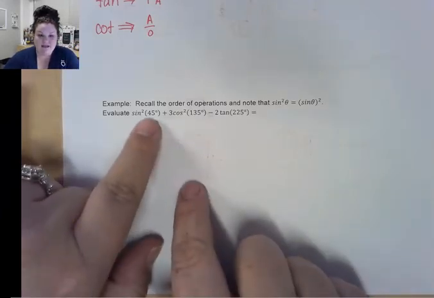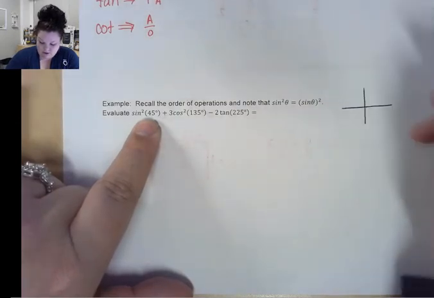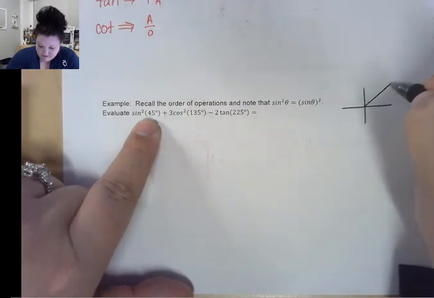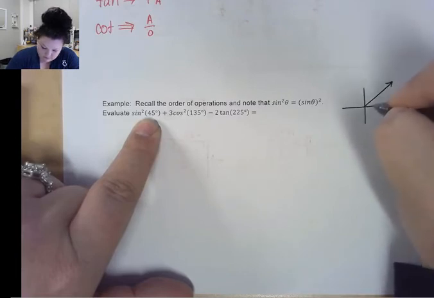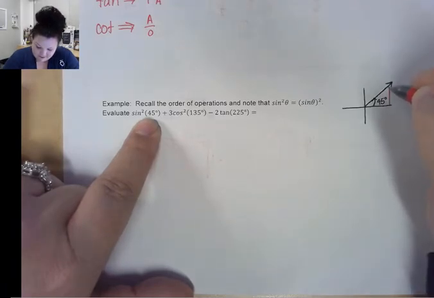So the first one is 45 degrees. So I'm going to go over here and just draw a 45 degree angle. Okay, so this is what a 45 degree angle looks like. And that works out really nice, right? Because it's in quadrant 1. It's exactly 45 degrees away from the x-axis.